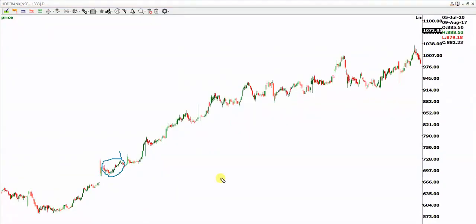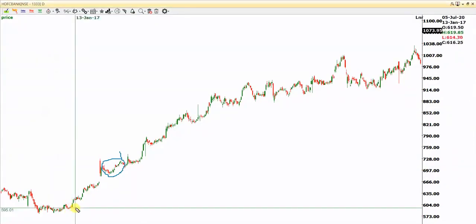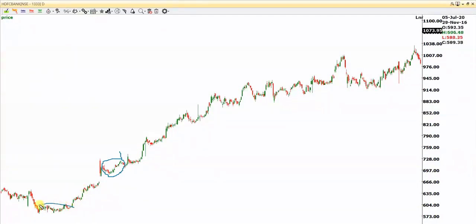Now look at this particular graph, my dear friends. Once you identify, in a stock like HDFC Bank, it is one of the leading banks in India. I think this is the bank which has the highest market cap, right? And look at the performance, my dear friend, it is about close to a two year period, right?